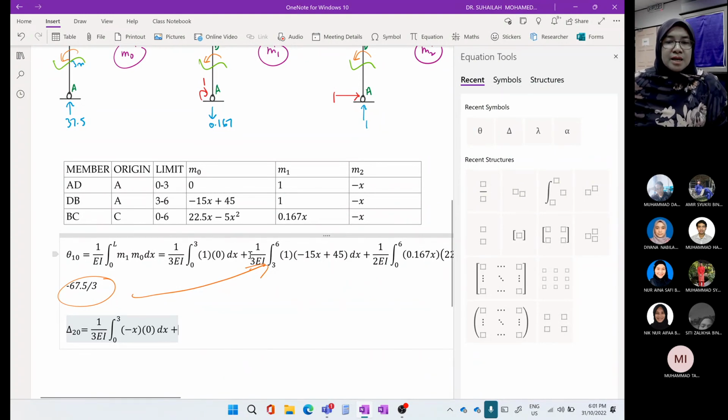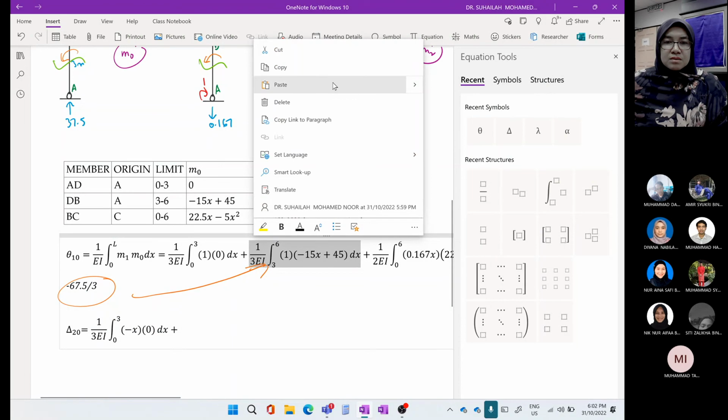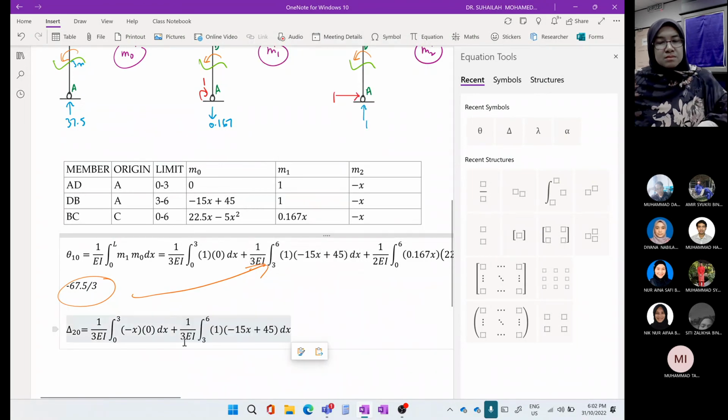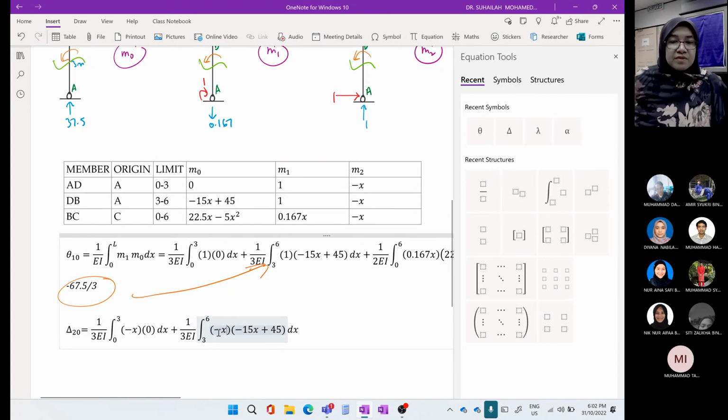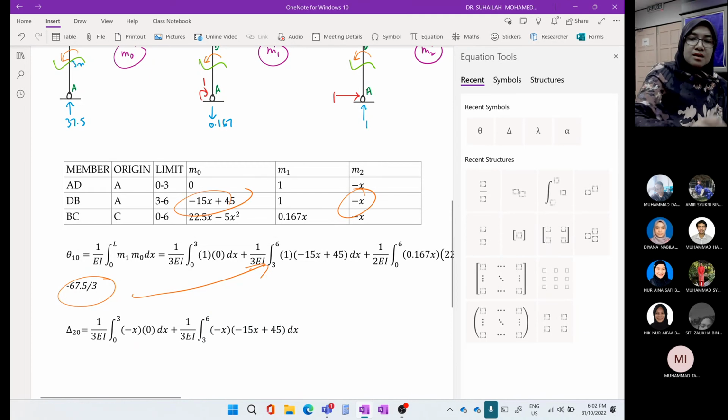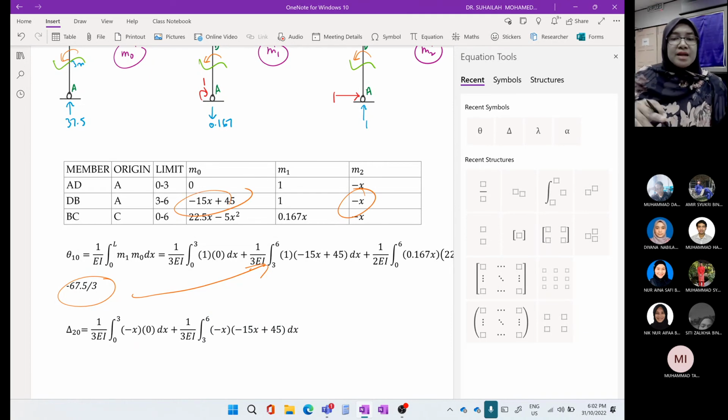Okay, second one is this. It is negative x. Negative x dengan negative 15x plus 45. 2 not, okay? Kan tadi 1 not sebab tu 1 ni. So now 2 not.